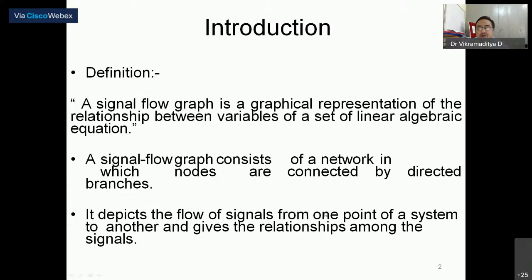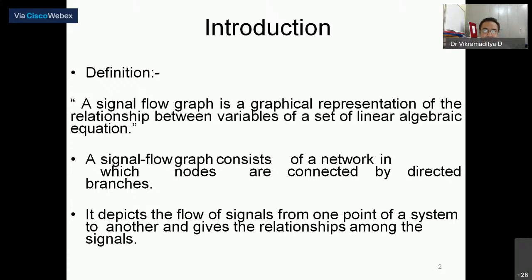First of all, in the introduction, let's have a definition. Through the definition, it should be clear what the signal flow graph is. You are going through three words: signal, flow, and graph. What happens in a system? In a system, you apply input.